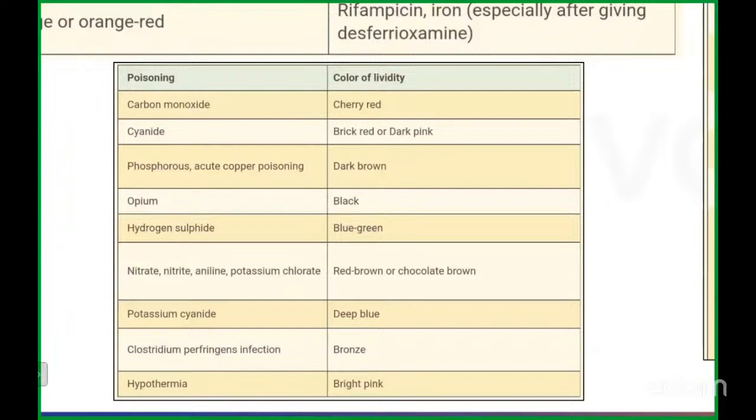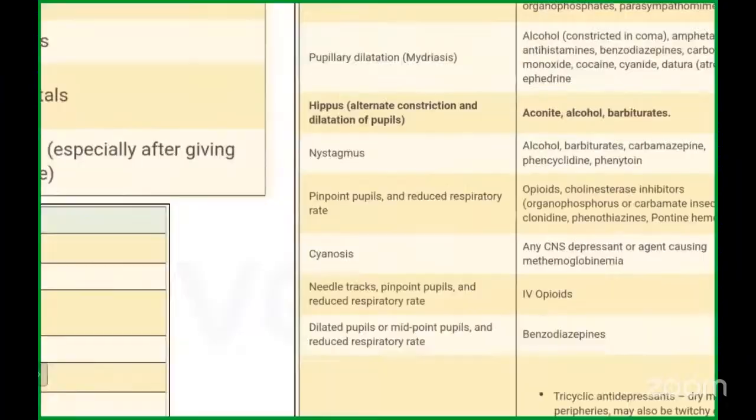For potassium cyanide, it is deep blue. Hypothermia, it's bright pink. In opium poisoning, the postmortem lividity is black. And for phosphorus and acute copper poisoning, it's dark brown. Mainly cherry red, dark red. Cherry red, brick red, dark brown, blue green, deep blue, and bright pink are the ones that have been asked.